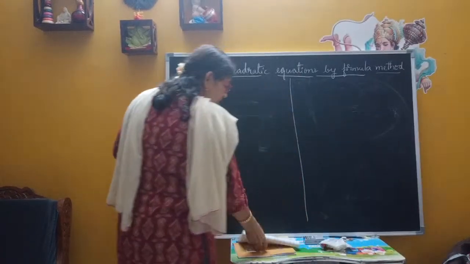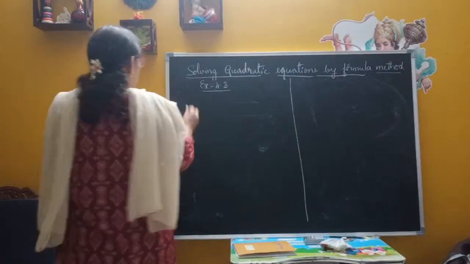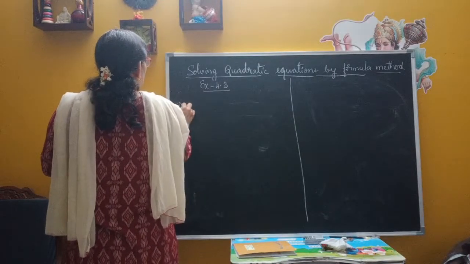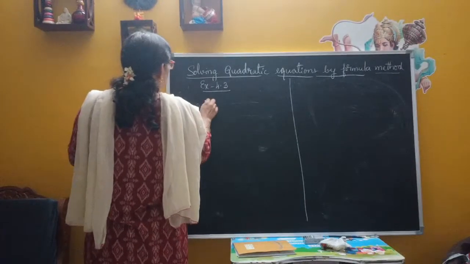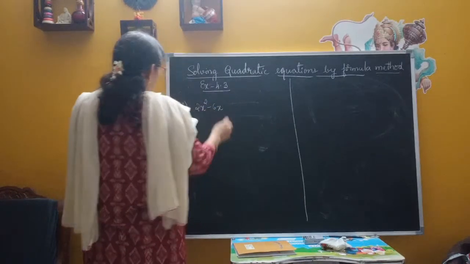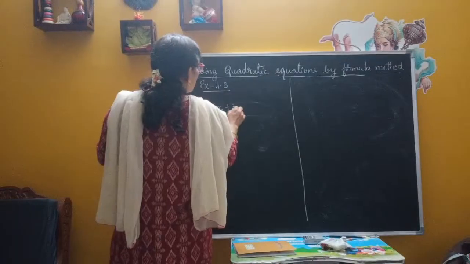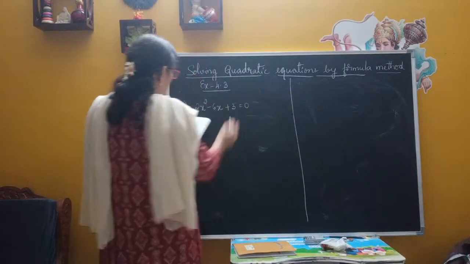That is 2x square minus 6x plus 3 is equal to 0.